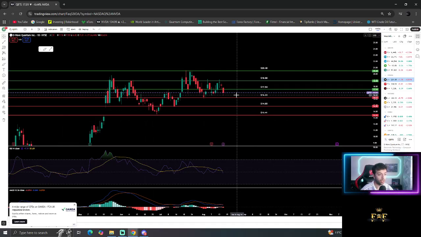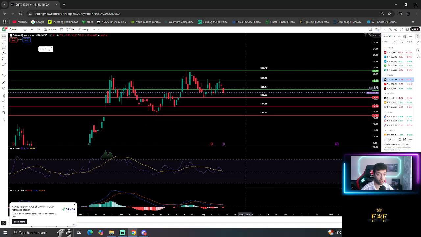Now, if we do actually retest the $16.23, we could head back up to $17.54, and even if we break above it, then we should head back up to $18.88.